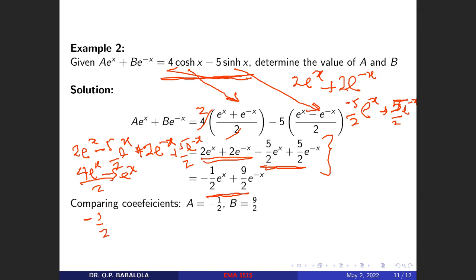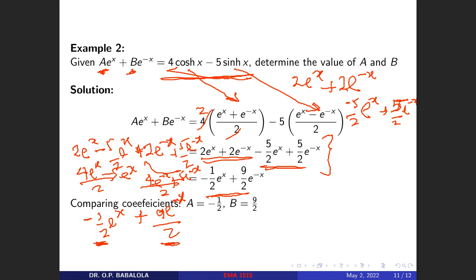Minus half exponential x. Then this second part, it's 4 exponential minus x plus 5 exponential minus x, then you have 9 exponential minus x over 2. So yeah, now you want to remember we want to know what A is. And what is A? A is equivalent to minus half, while B is equivalent to 9 over 2. You see that? All right, let's go back.